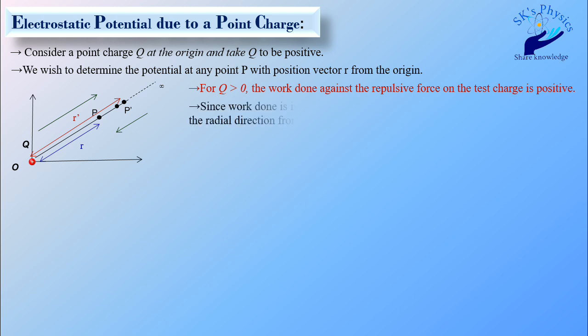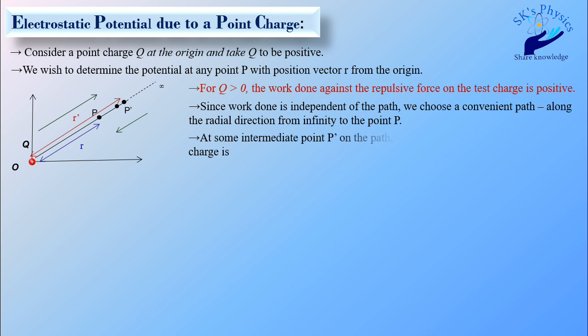Since work done is independent of the path, we choose a convenient path along the radial direction from infinity to point P. At some intermediate point P dash on the path, the electrostatic force on a unit positive charge is F equal to 1 upon 4 pi epsilon 0 q1 q2 upon r dash square into r dash cap, where q1 is our unit positive charge, so that value is 1.